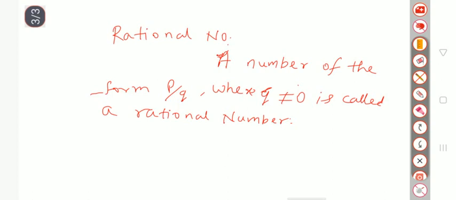A number of the form p by q, where q not equal to 0, is called a rational number.